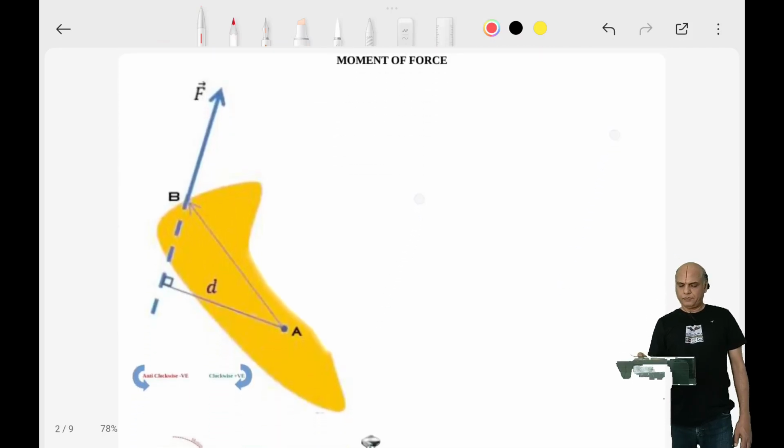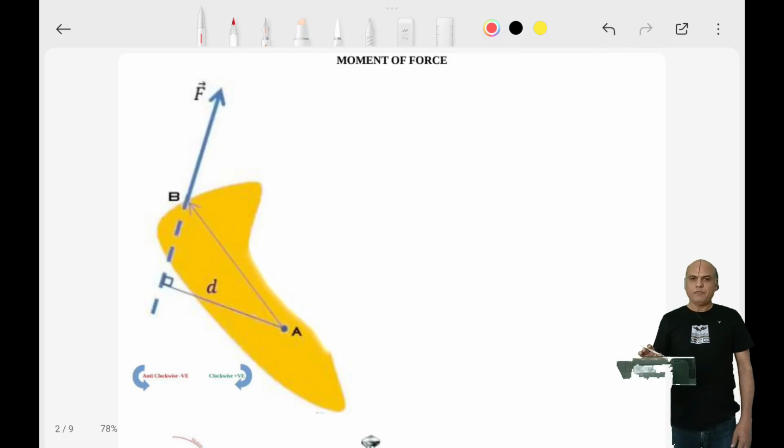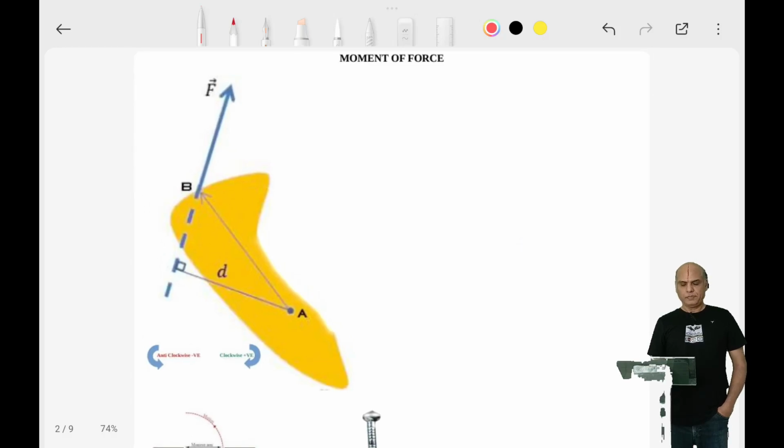Let's move further. If a body is pivoted, like on the screen, the yellow shaded body is pivoted at point A. That is, point A would not move. There won't be any displacement at point A. That is what is meant by pivoting a body. All remaining points on the body can move, but at point A there won't be any displacement.